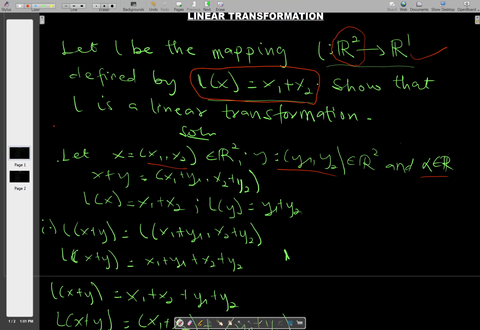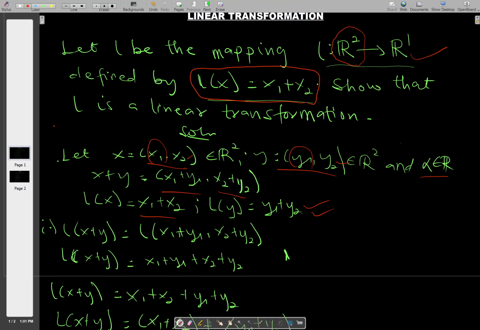Therefore the sum of these two vectors is given by (x1 plus y1, x2 plus y2). But we know from the definition that L of x is given by the sum of the elements in x, so we have x1 plus x2, and therefore L of y will be y1 plus y2.